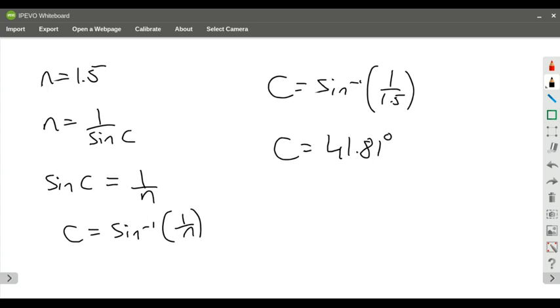That's the critical angle for that material. So I multiply both sides by sine C, divide both sides by n, then do sine inverse of both sides and put in my number, and I get my critical angle. Done.